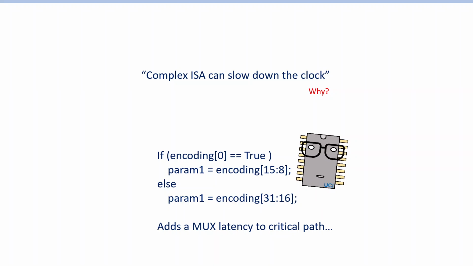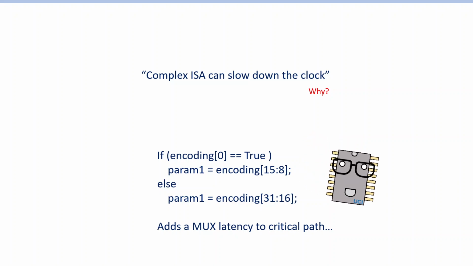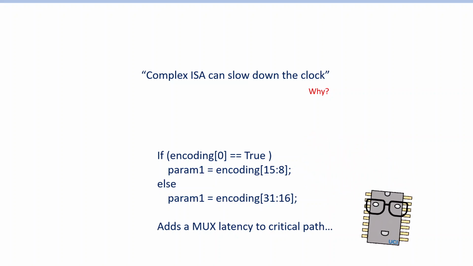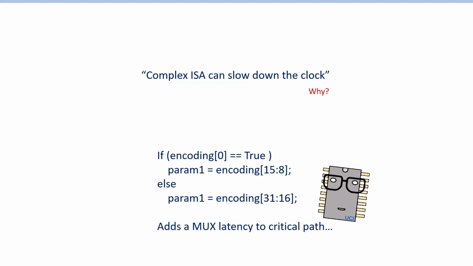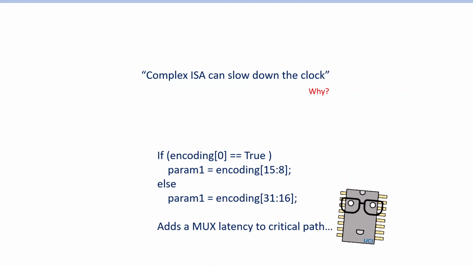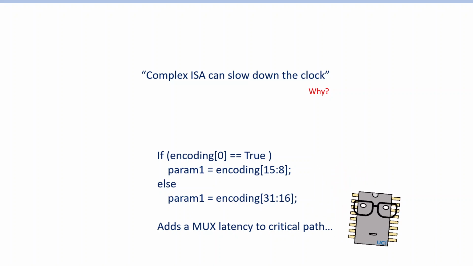These kinds of if statements in the decoding logic will introduce at least one additional multiplexer, because the input to parameter 1 can come from one of two places, so we need at least one 2-to-1 multiplexer to pick which one, which will add to the critical path of the circuit.